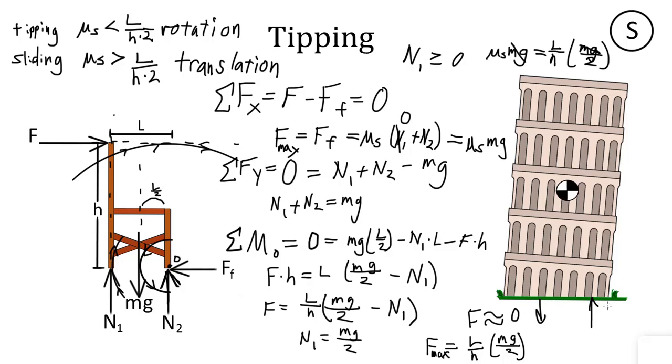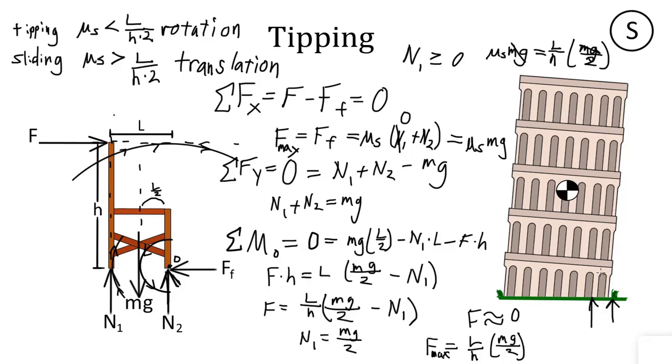But if it was at the very end, it wouldn't be so stable and wouldn't be up so many years. But regardless, just know if it's about to tip, the normal force is going to be at the very end. And there's going to be no normal force over here, just because that normal force would counteract the weight or whatnot, you know. Basically the moment's going in this direction.